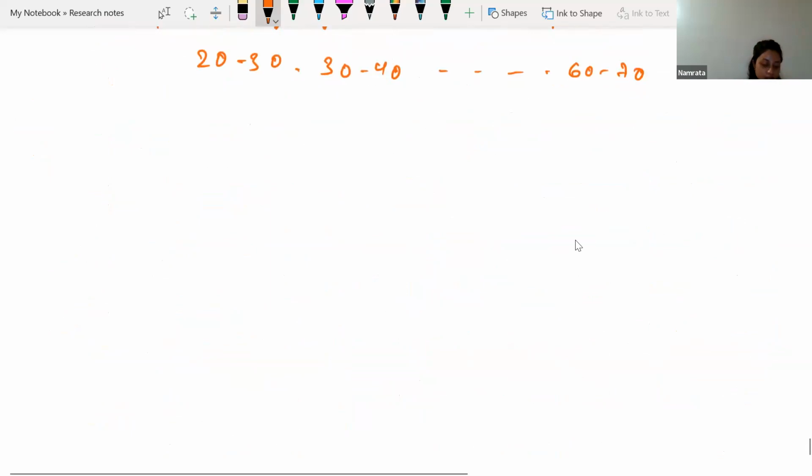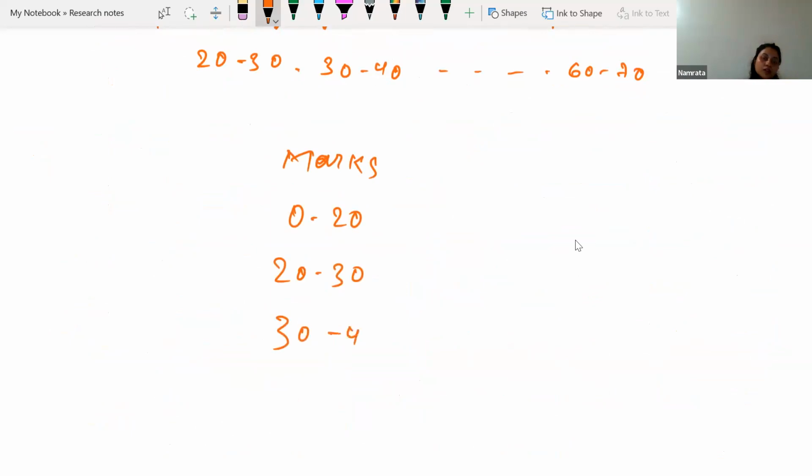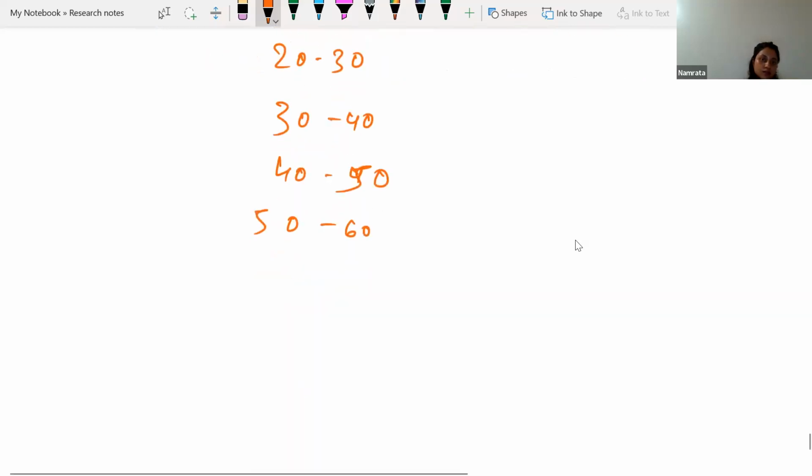She has made one table, that is marks: 0 to 20, 20 to 30, 30 to 40, 40 to 50, 50 to 60, 60 to 70, 70 to 80, okay, 70 and above.